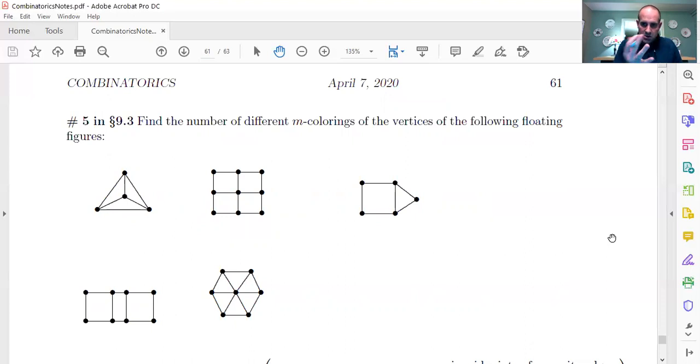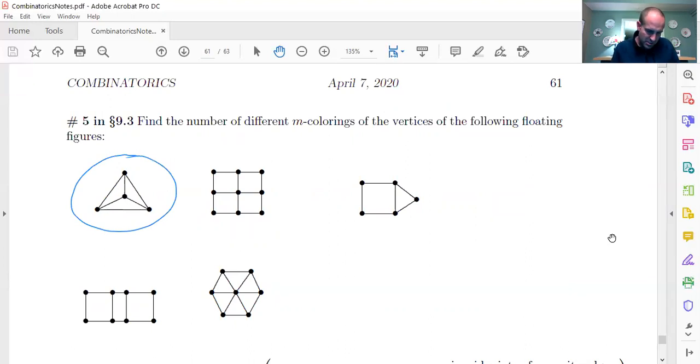Now, if I'm going to float with these, that means I'm not just thinking about rotations, I'm also thinking about reflections themselves. So what do you think about this one right here? Let's think about this triangle.